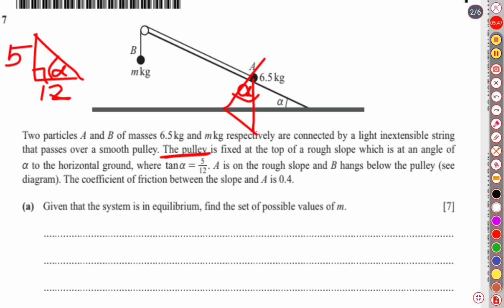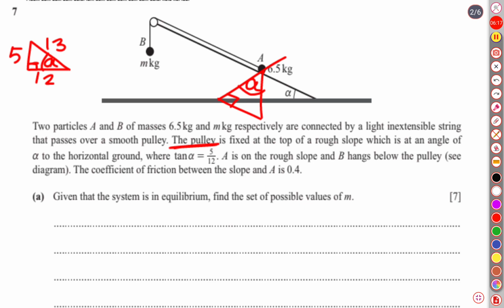Hypotenuse is going to be 13. How is it possible? Let me show you. Look, 5 squared plus 12 squared is equal to 13 squared according to the Pythagoras theorem. So our hypotenuse is going to be 13, and this is for A. We have completed the diagram.